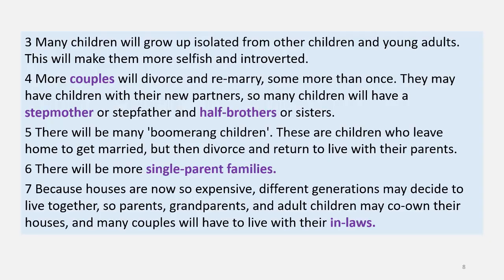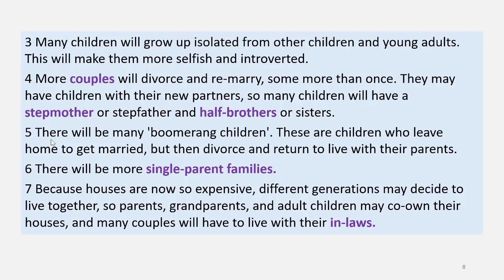And prediction number 3, many children will grow up isolated from other children and young adults. This will make them more selfish and introverted. Number 4, more couples will divorce and remarry, some more than once. They may have children with their new partners, so many children will have a stepmother or stepfather and have brothers or sisters. And prediction number 5, there will be many boomerang children.